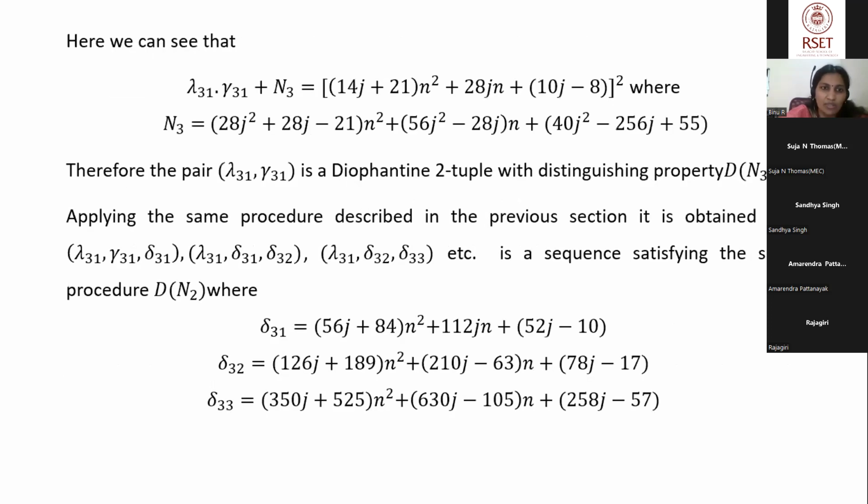Using the similar procedure, lambda 31 into gamma 31 plus n3 gives a perfect square. So you can say that lambda 31, gamma 31 is a 2-tuple with distinguishing property D of n3.